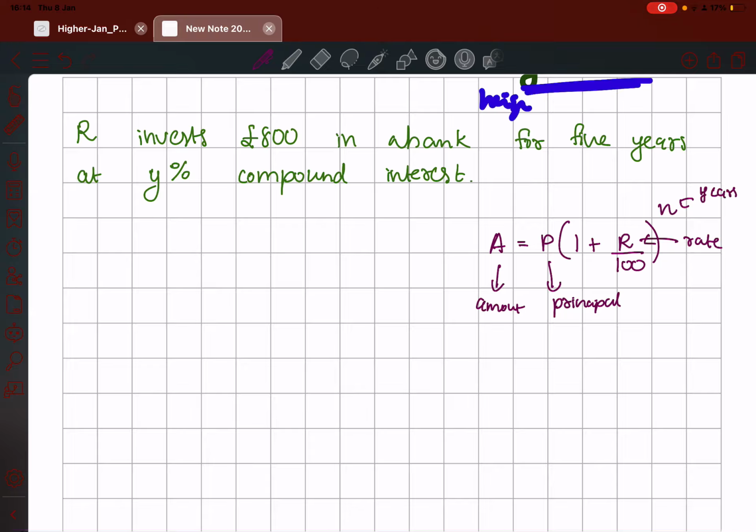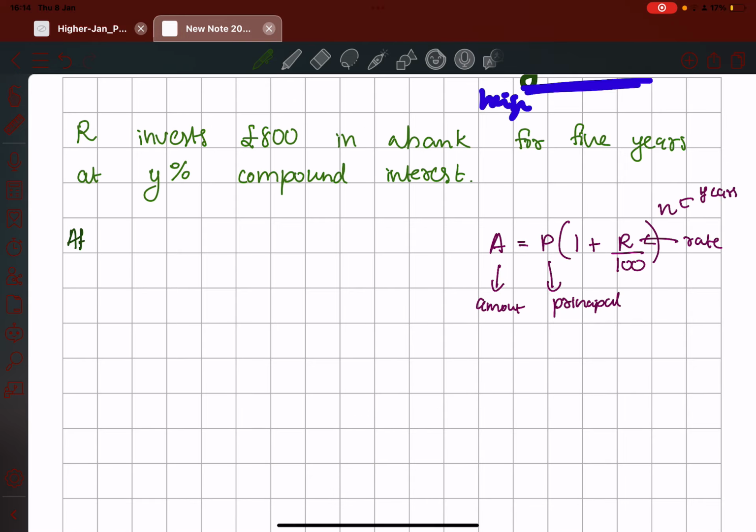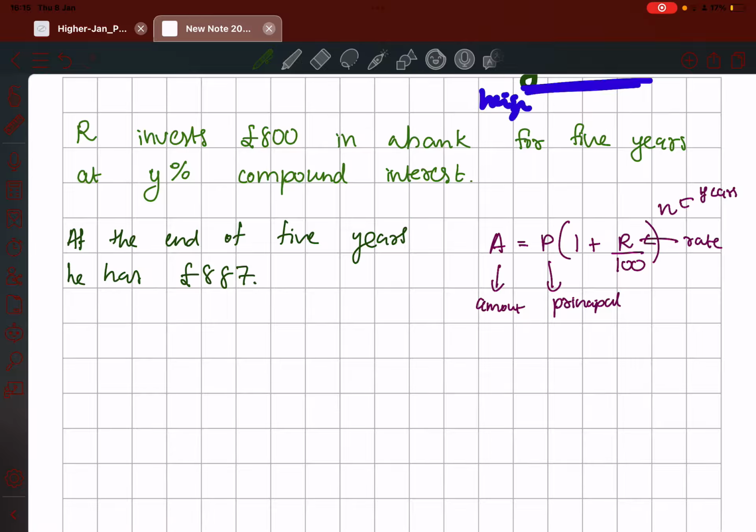The question says, at the end of 5 years, the person receives £887.60. We want to work out the rate. So find the rate.